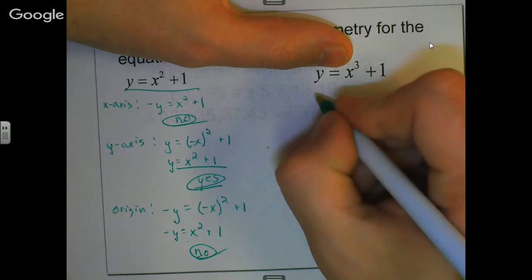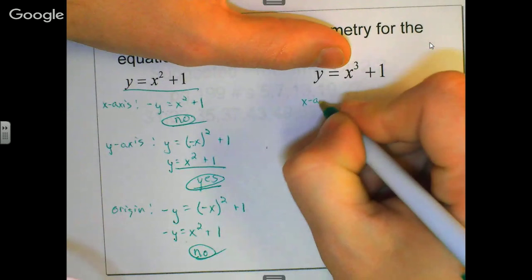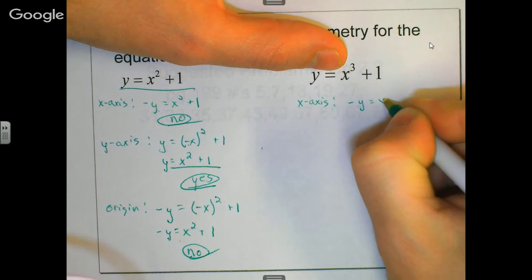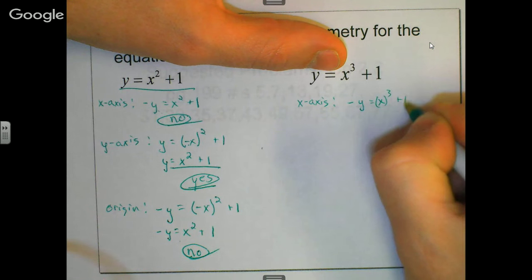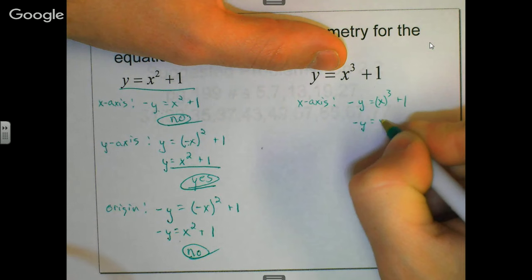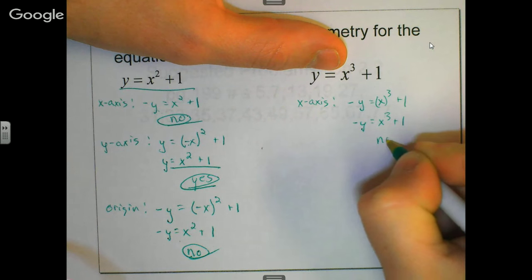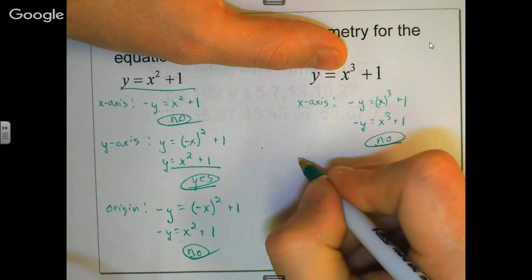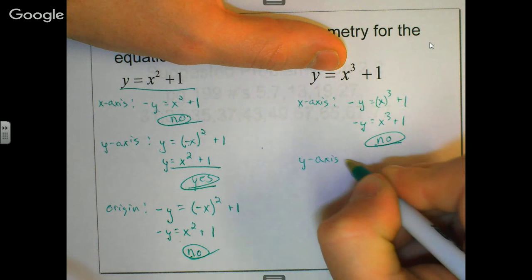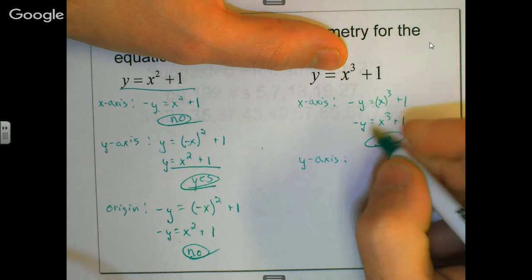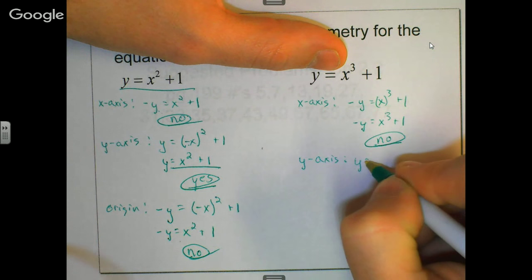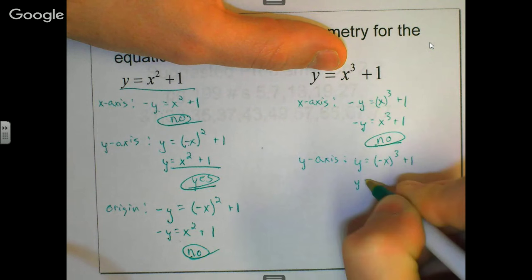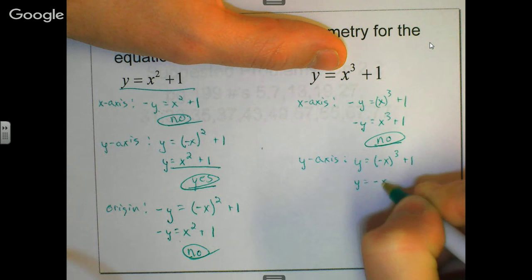All right, so x-axis again. That's negative y to the third plus 1. So it's negative y equals x to the third plus 1. So that's a no. Y-axis, we plug in negative x with y equals negative x to the third plus 1.